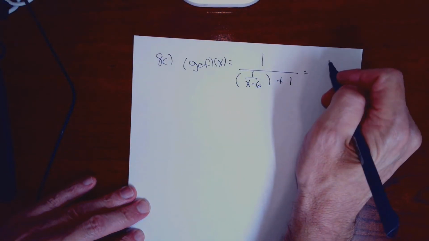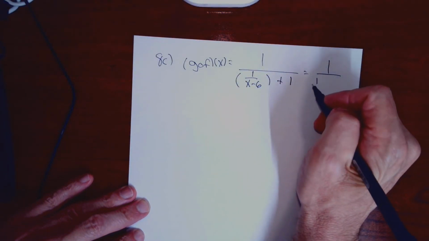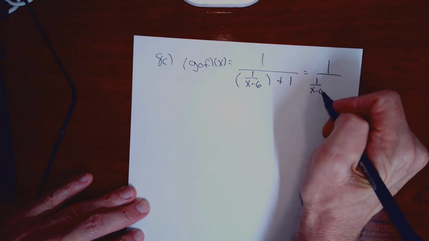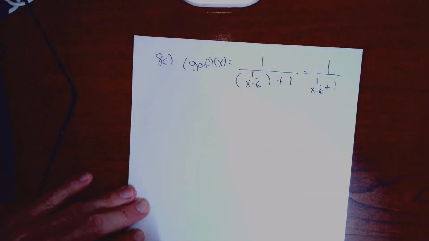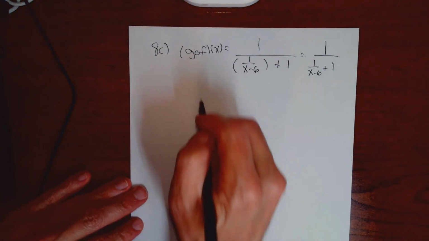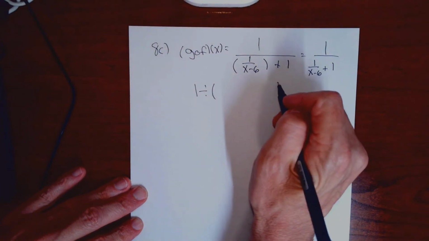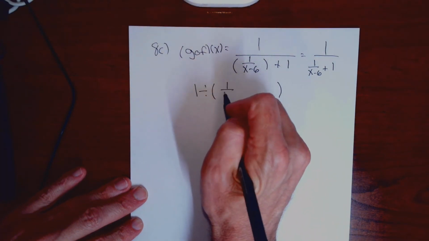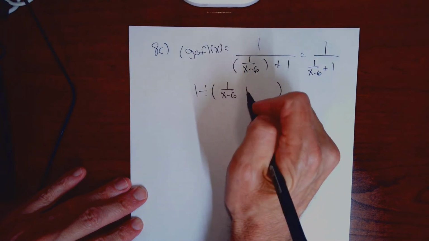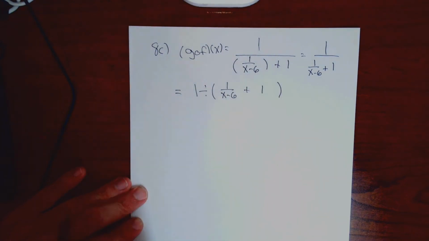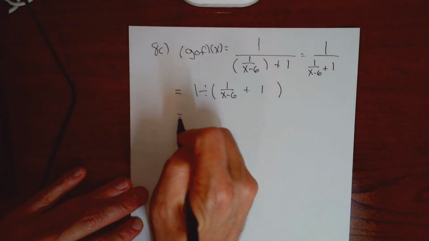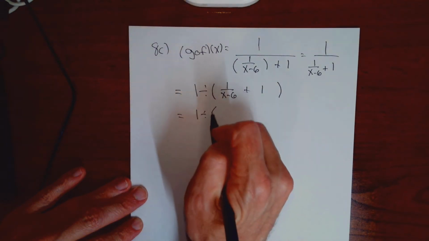First of all, that parentheses in the denominator can just be dumped. I didn't need a parentheses. The fraction kind of works as a parentheses. To simplify this, I'm going to write this as 1 divided by, put the whole denominator of 1 over x minus 6 plus 1 in a parentheses. And now work on the inside of the parentheses.